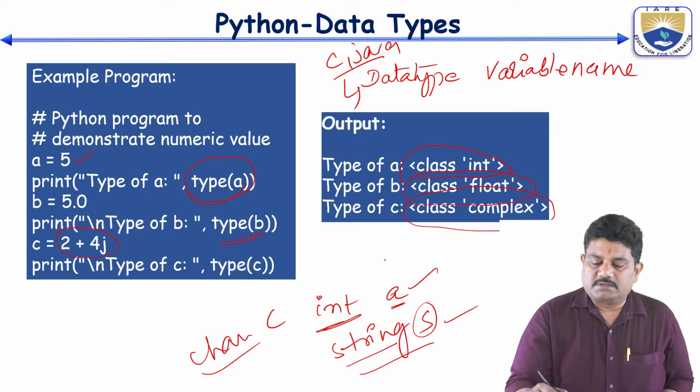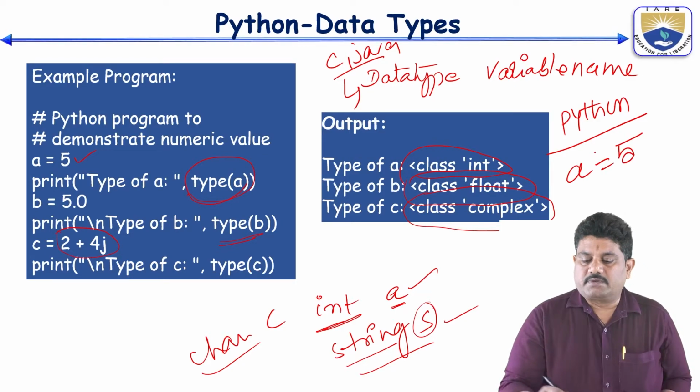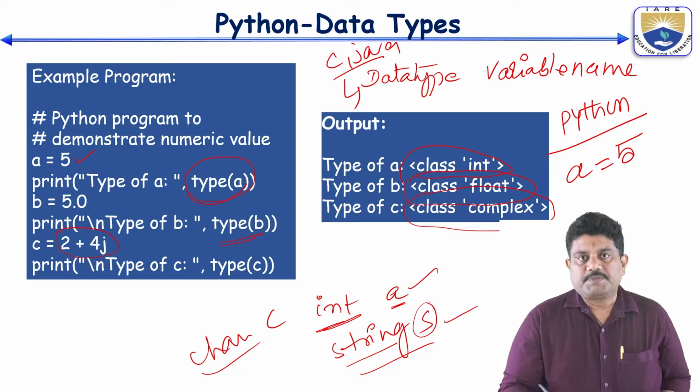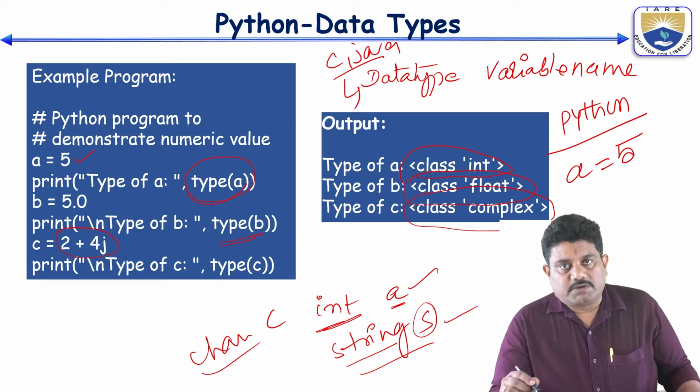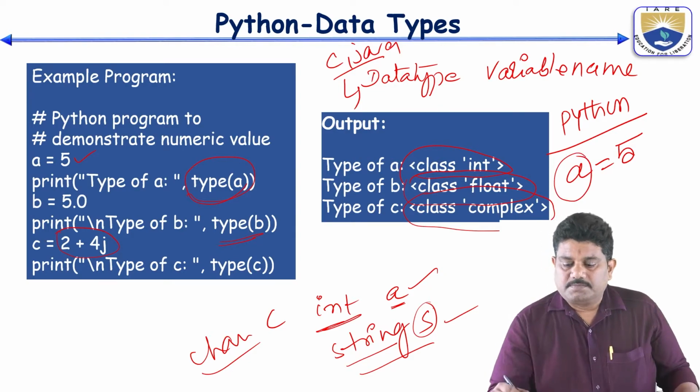But in Python, that is not the case. In Python, we directly use a variable name and assign a value to it. Based on the value assigned to that variable, the type of that variable will be decided by the interpreter. See here, a equal to 5, b equal to 5.0.